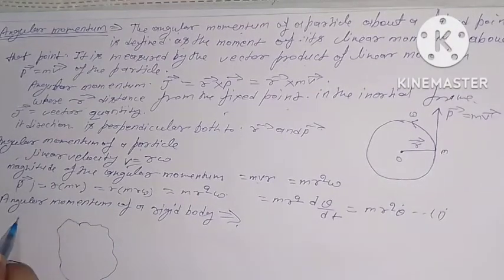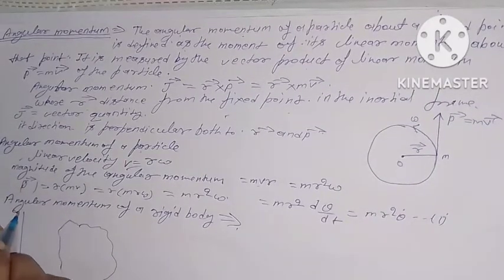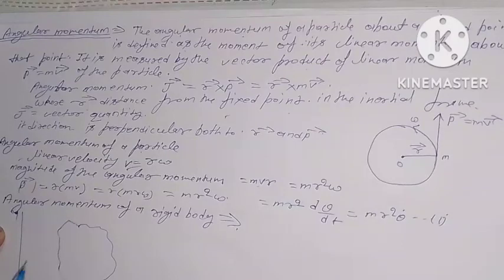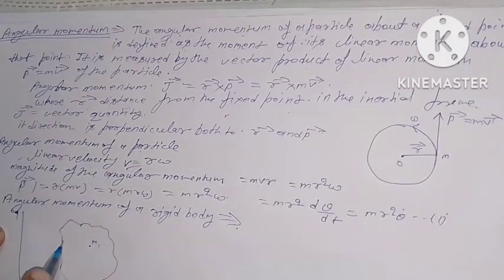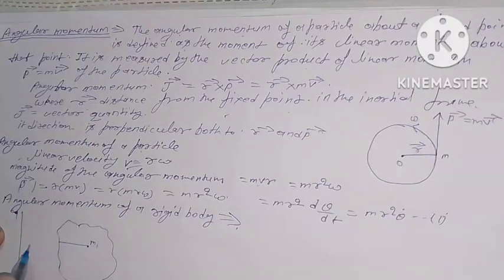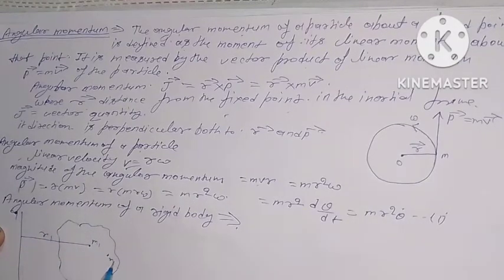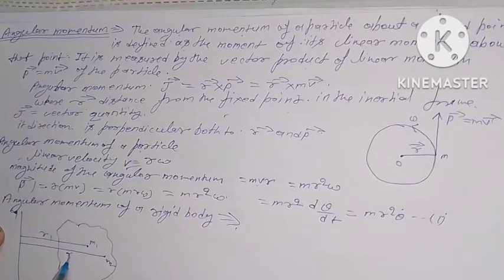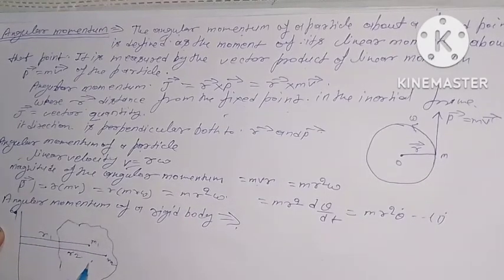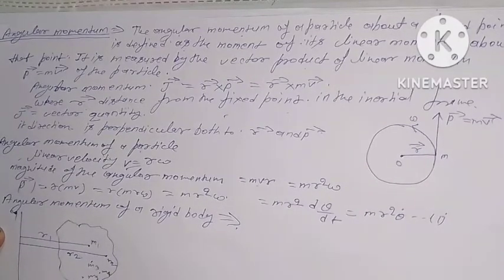This is the axis. This is M1 and distance is R1. This is M2 point and distance is R2. This is M3 point, this is M4 point, this is M5 point.